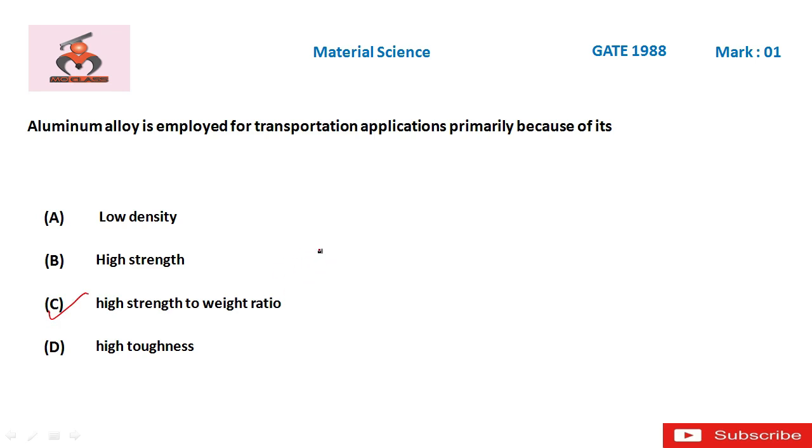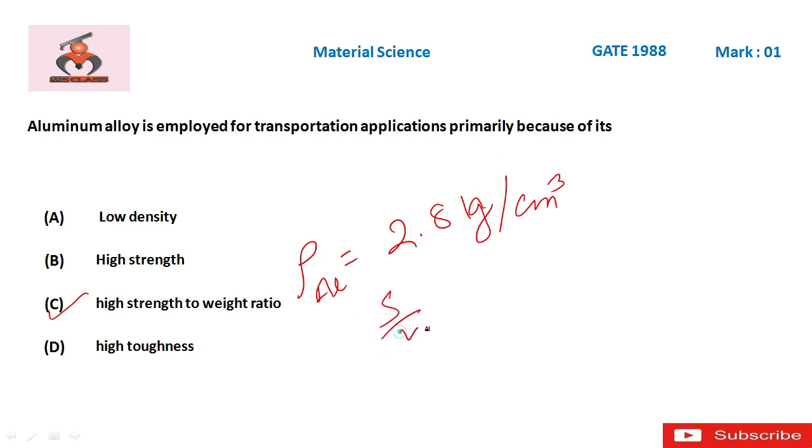When we talk about the density of aluminum, it is around 2.81 gram per centimeter cube, and the strength to weight ratio is 204 kilonewton meter per kg.